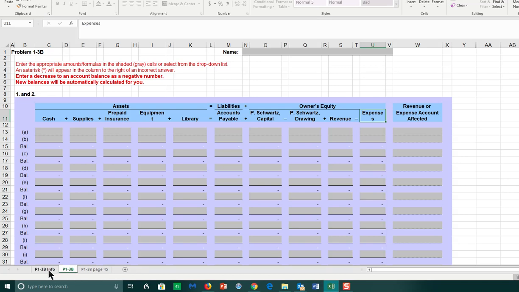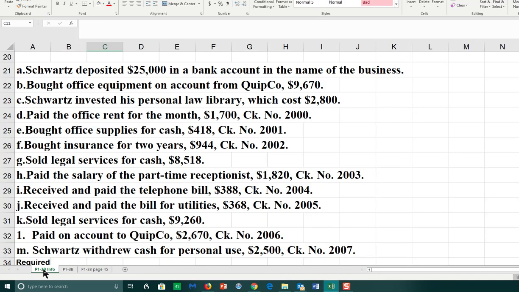So let's take a look at each of the transactions quickly and how the transaction gets recorded. First of all, we have Schwartz, and he's the owner, or she, deposited $25,000 into a bank account in the name of the business. So there are two entities involved here. There is Schwartz and there is the business.